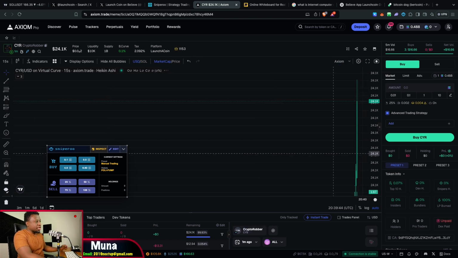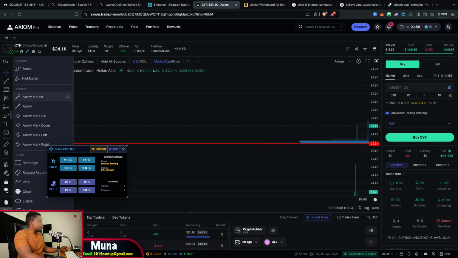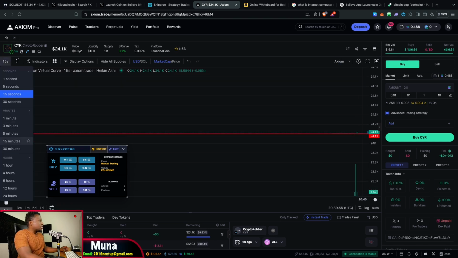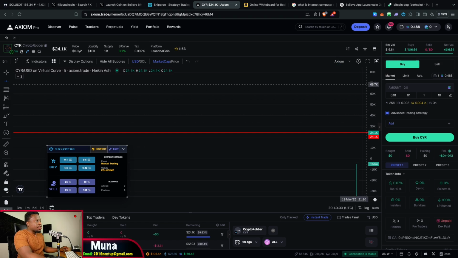I'm just using this to give you an example. So let's try to use a horizontal line. Do we have a horizontal line? Let's push it all the way up to 70,000 US dollars. Yeah. So 70,000 US dollars like that.